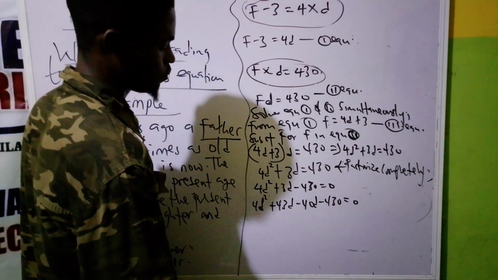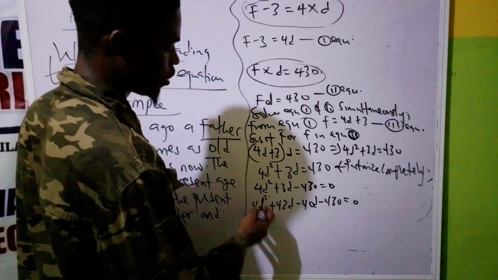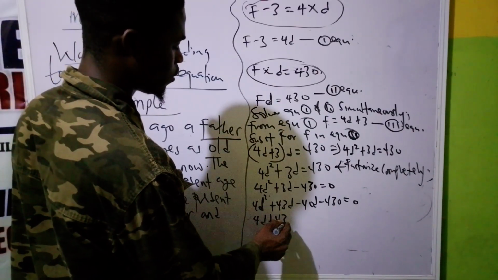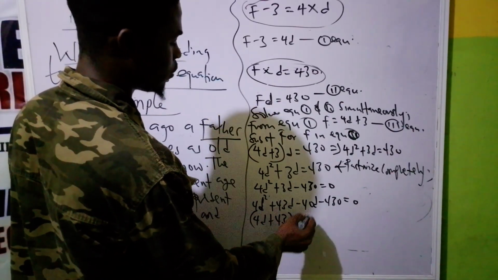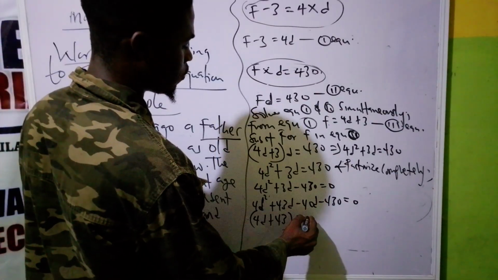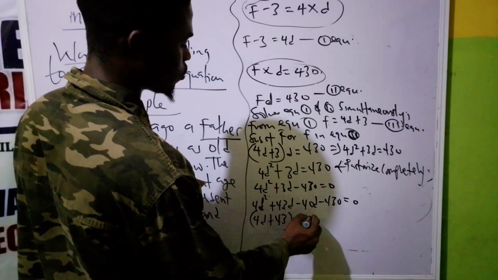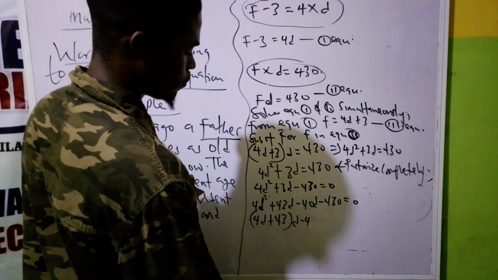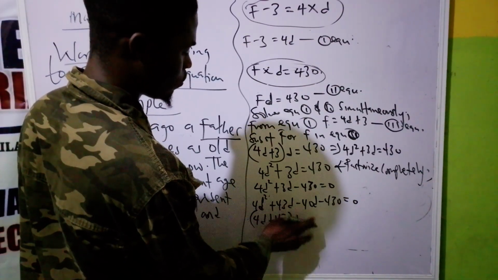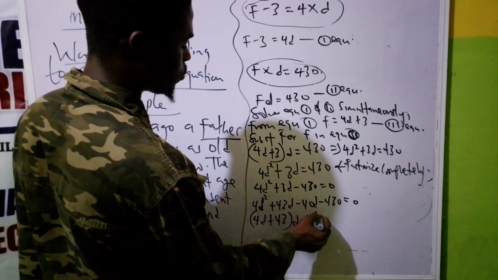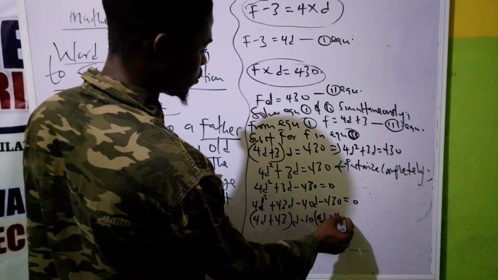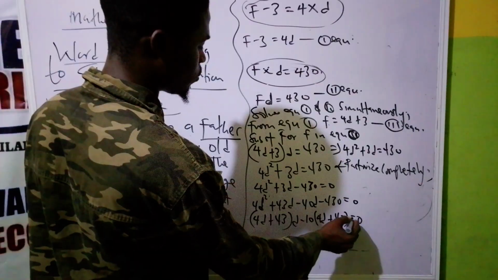I believe you understand now. Taking it like this, D is common. That will be D times 4D plus 43, minus 10 times 4D plus 43, since 10 is common, equals 0.